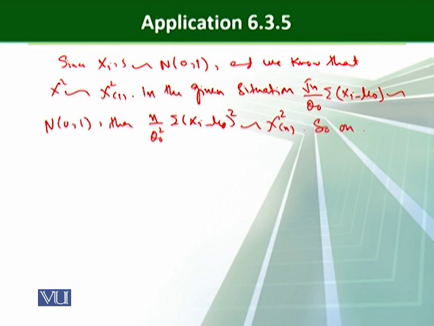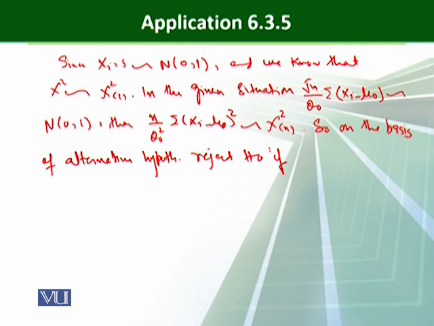So on the basis of the alternative hypothesis, reject H naught if, let's say, W is greater than or equal to C1 or W is less than C2, where C1 and C2 are constants.